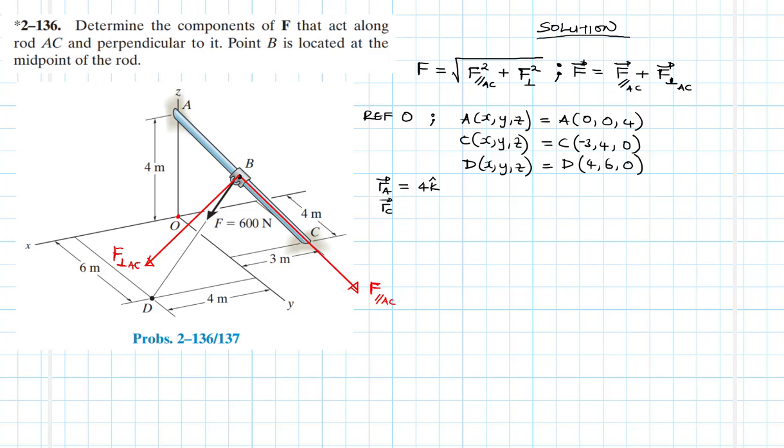RC is going to be equal to minus 3I plus 4J. And then RD is going to be equal to 4I plus 6J. Are we there?